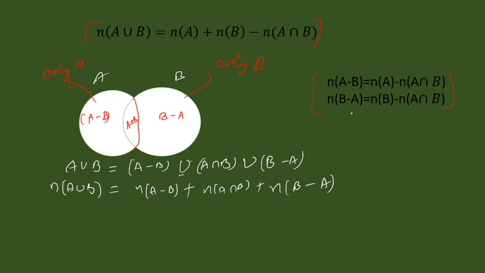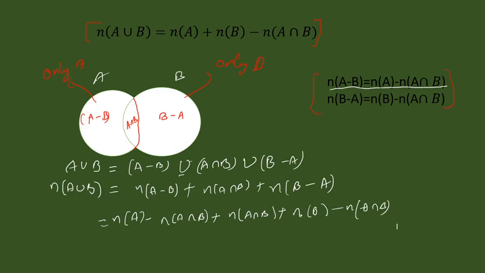Now the prerequisites are here. This is the A minus B number, meaning I need to collect only A's elements. So here I can put the formula n of A minus n of A intersection B, plus this carried forward as it is, and here we will get the formula n of B minus n of A intersection B. You can see this one.